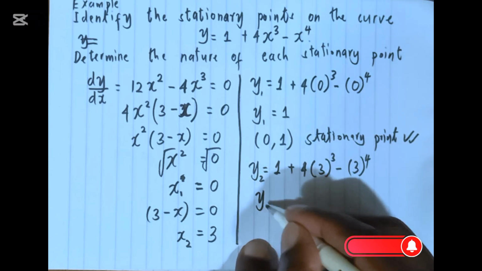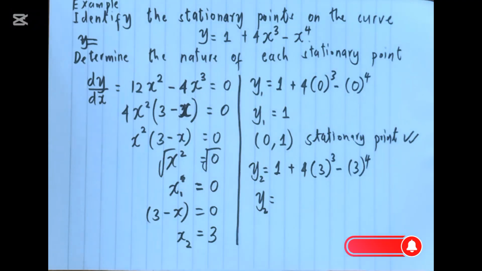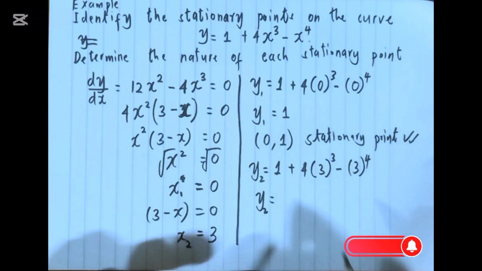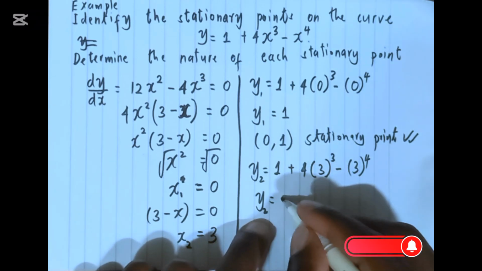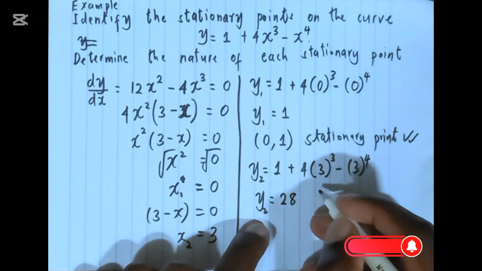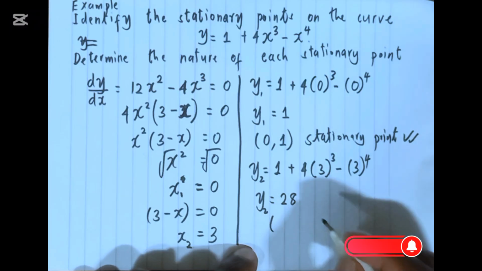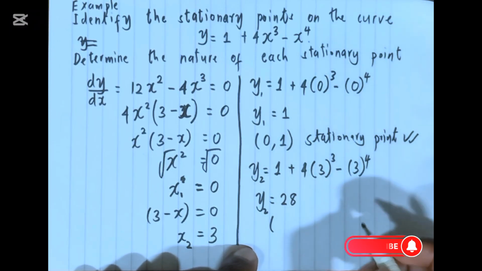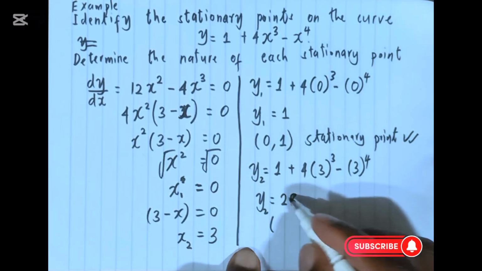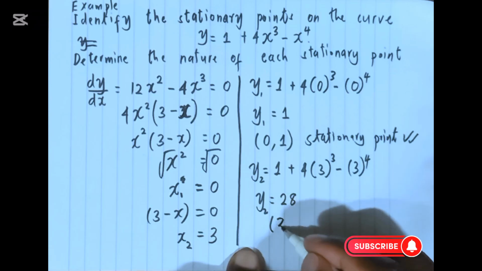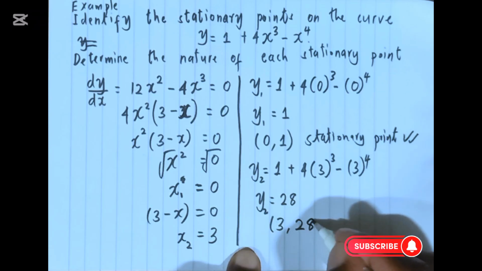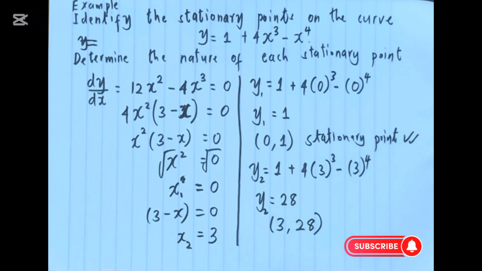So the value of y2 here will actually be equal to, let me do the math there, 28. That therefore means that our second stationary point will be x2, that is 3, and 28, which is the value of y2 there.